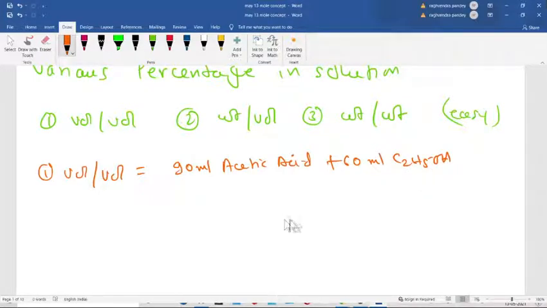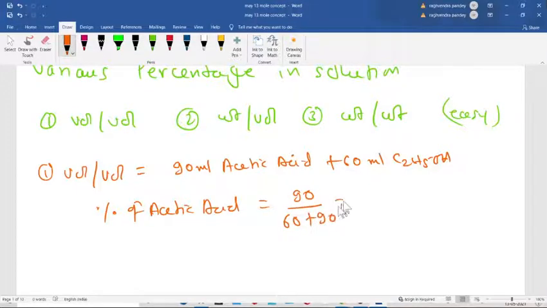Now in this percentage, suppose someone asks the percentage of acetic acid. It is very simple: 90 of acetic acid divided by 60 plus 90, so it will be 90 by 150. That is your total, and for the percentage you have to multiply it by 100.